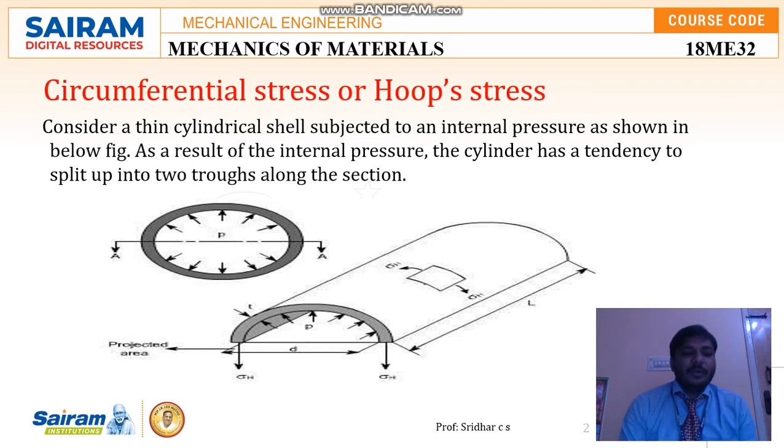Here, P is the pressure, sigma is the circumferential stress, or hoop stress, t is the thickness, and L is the length of the cylinder. This is a brief diagram showing a sectional view of the closed vessel we are considering.